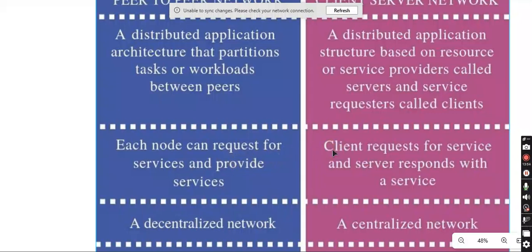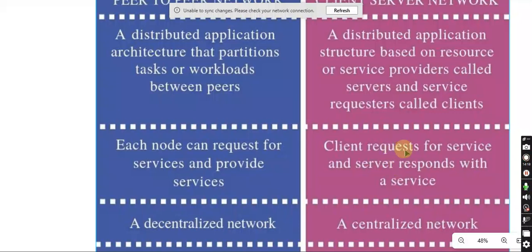Corresponding to that, in client-server a client requests services and a server responds to the service. The server cannot start asking for services from anybody else. WhatsApp does not need to ask anyone. For example, if WhatsApp has to send a message to me, they send it directly. They don't need a server in the middle, because they are themselves the servers.